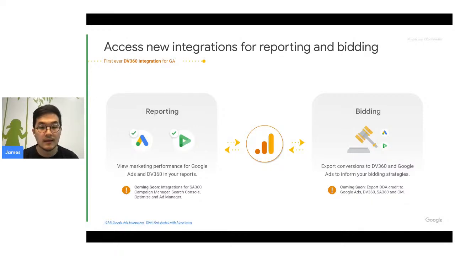And also for bidding, it is also available for Google Ads. So you are now able to bid by GA4 conversion if you are using Google Ads. For DV360, we are also expecting to launch the feature next year.